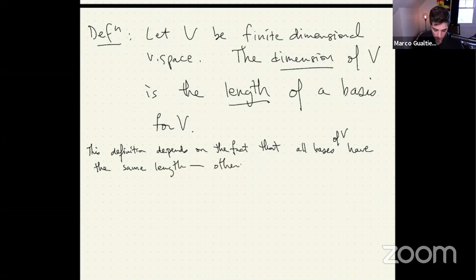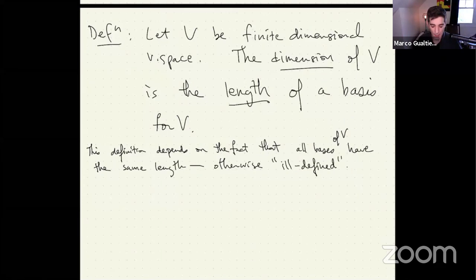Otherwise, it makes no sense. It would be ill-defined. So in order for this definition to make any sense, for it to be a true definition, we need to check first that the length of any basis are all the same. Okay, and this is, of course, in the textbook, but you should go through it, and I'll make some comments about it next week.